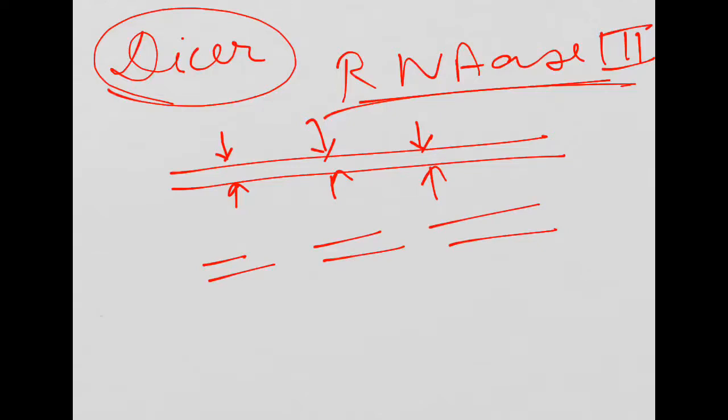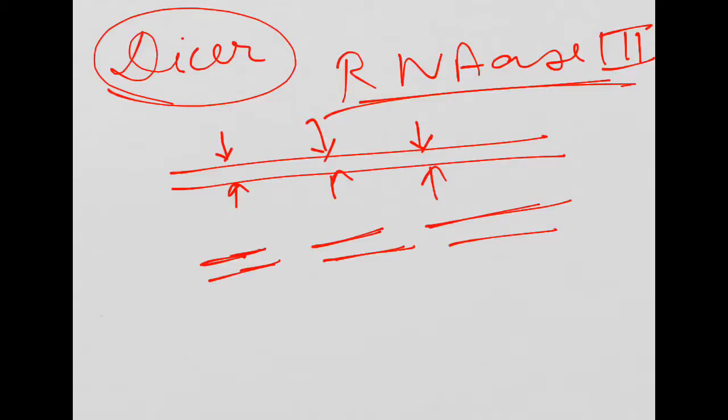They are fragmented, you can say. DICER fragments a long stretch of double-stranded RNA molecule into small RNA molecules. This is the function of DICER, resulting in the formation of various types of small RNA molecule.